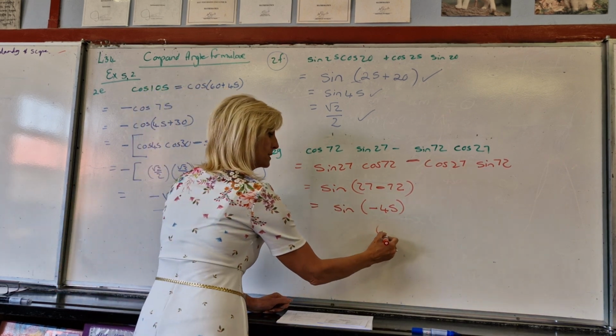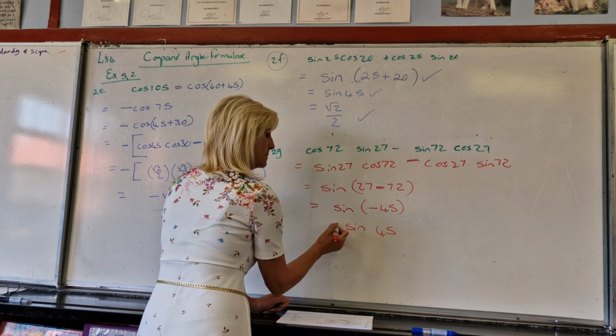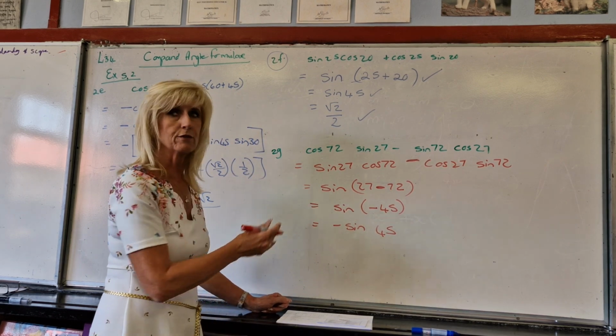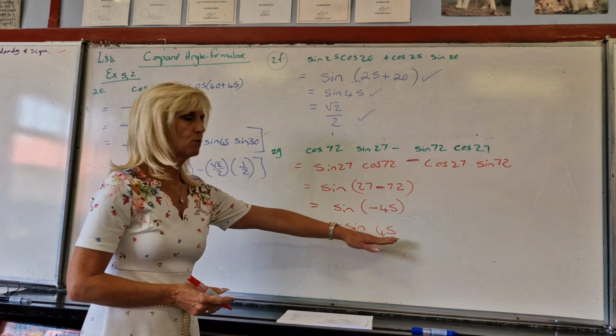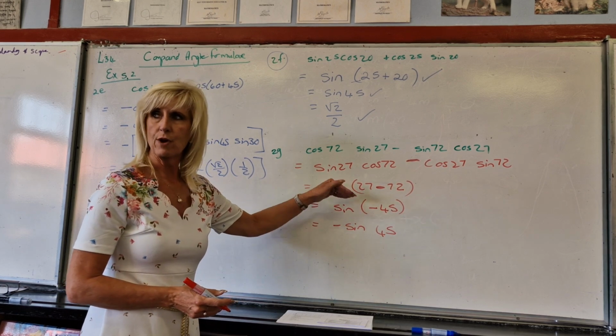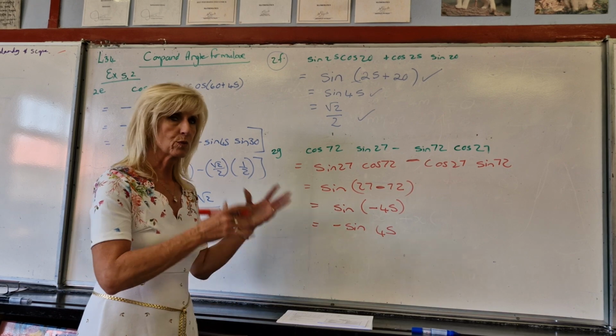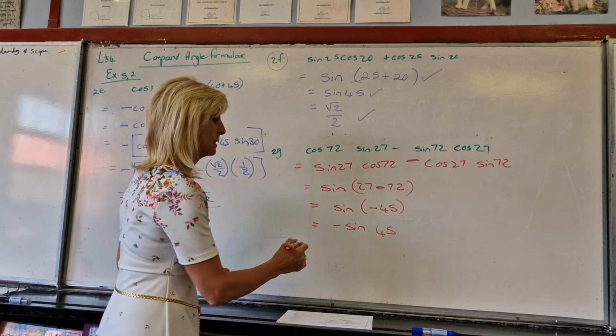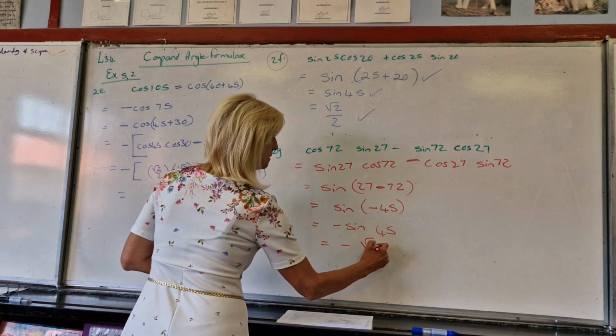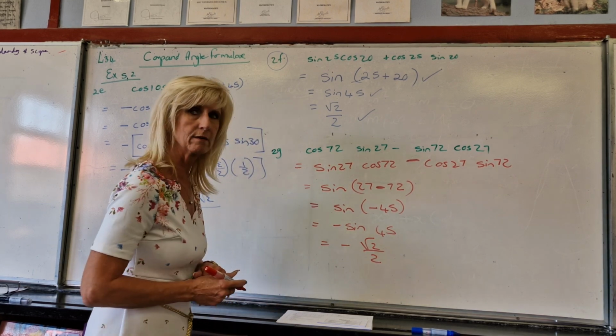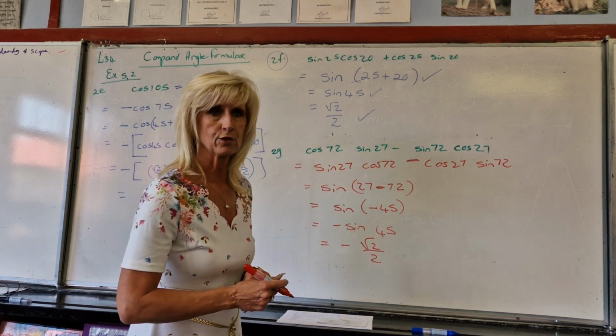That becomes a positive angle, but the ratio becomes negative. Remember, a negative angle becomes positive and the ratio becomes negative, except for when it's cos, with all the rules behind it and the reasonings. And then your answer with the calculator for the special angles is root 2 over 2.